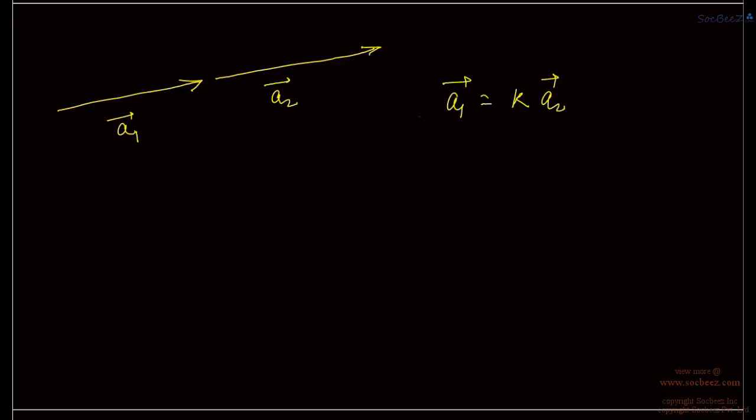That means a linear combination of vectors a1 and a2 can be 0. That means vectors a1 and a2 are dependent vectors.